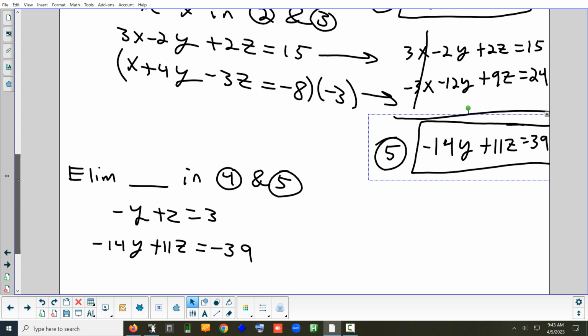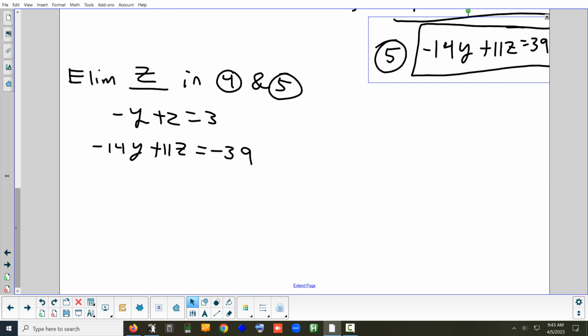Yeah, I would say we could do z. So let's eliminate the z in equations 4 and 5, and then we'll have this down to the simplest kind of problem you can have, which is a single variable and a single equation. How would you make it so you could eliminate z? I would multiply by -11. Okay, so let's multiply the top by -11.